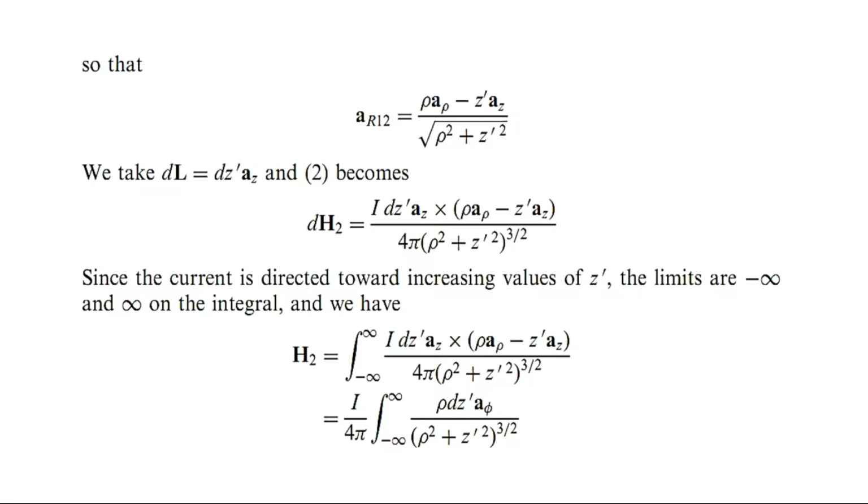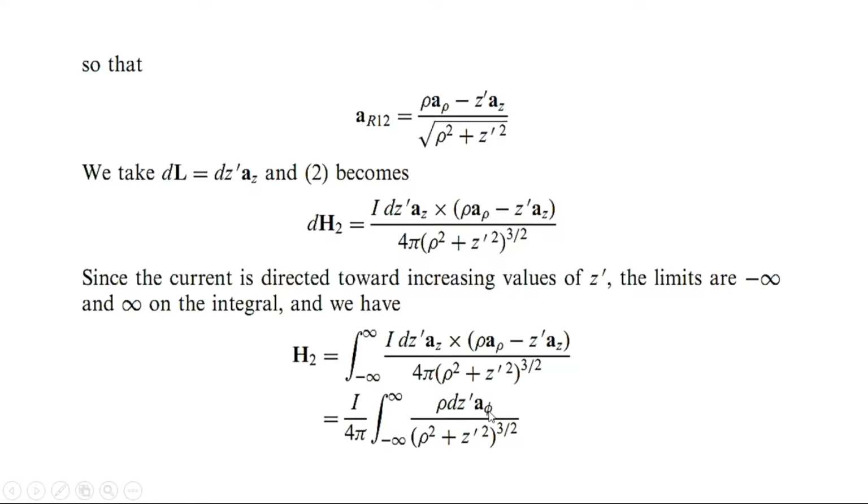If this unit vector depends on the variables rho and z, then we cannot consider it as a constant, because it is also a vector. Fortunately, this unit vector has a constant magnitude. Now we look at the direction of this unit vector, whether it depends on rho and z or not. Fortunately, in this case, the unit vector a_phi does not depend on rho and z.